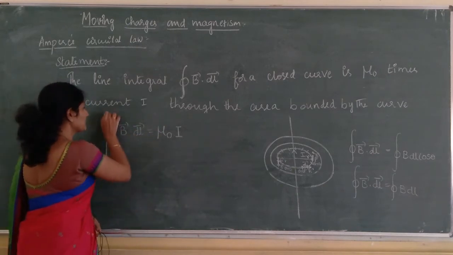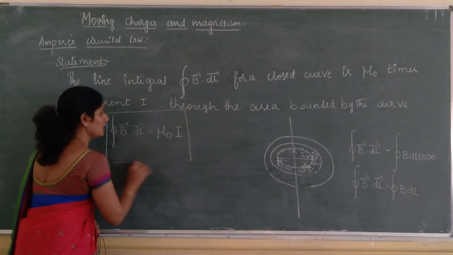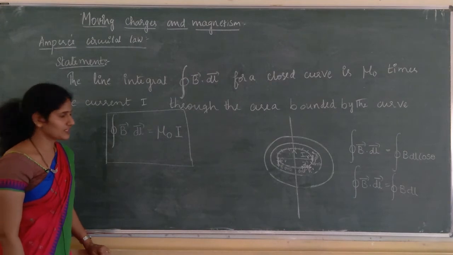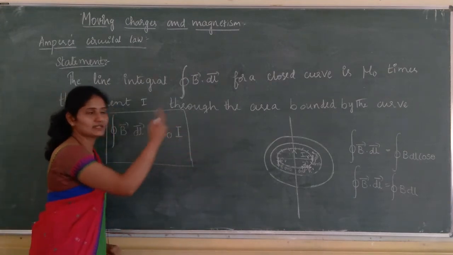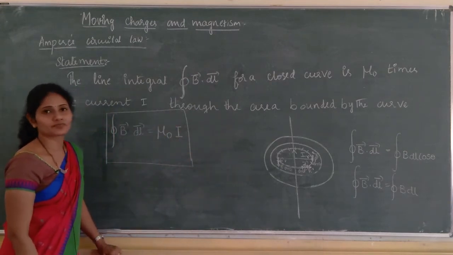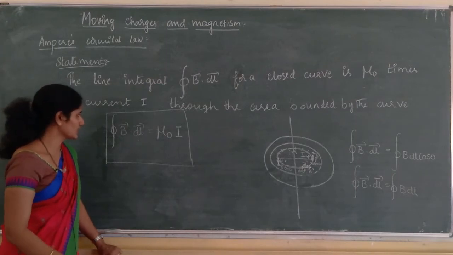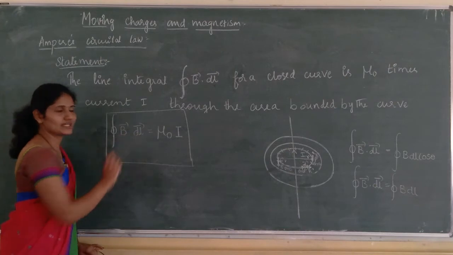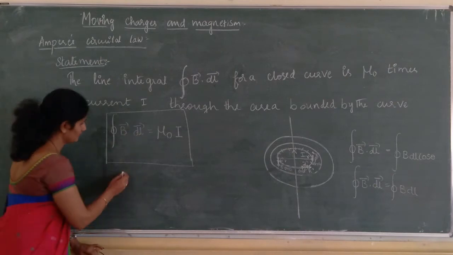So, this is Ampere's circuital law, where mu naught is the permeability of free space, I is the current enclosed in the area or the curve, B is the magnetic field, dl is the line element.